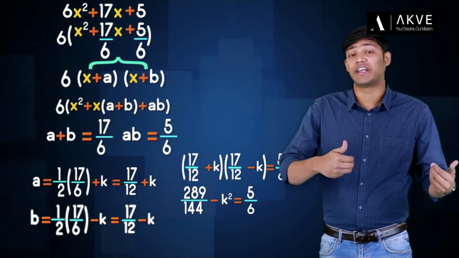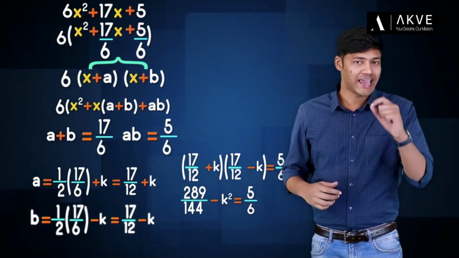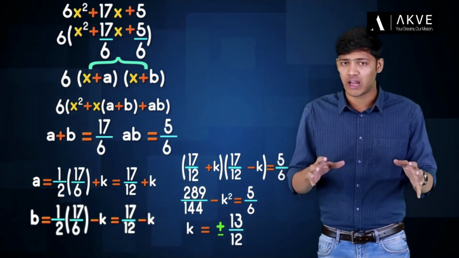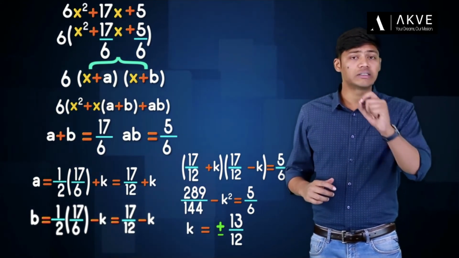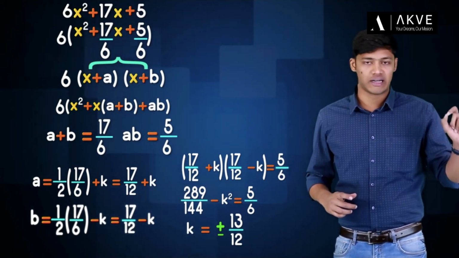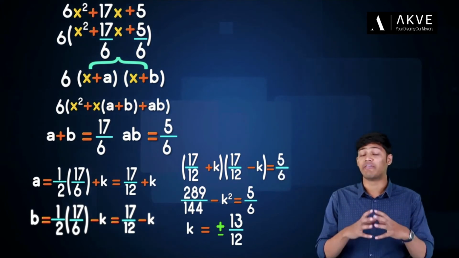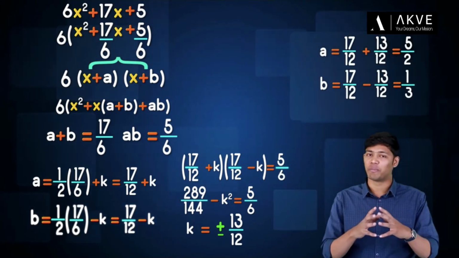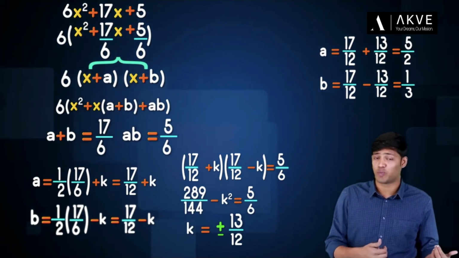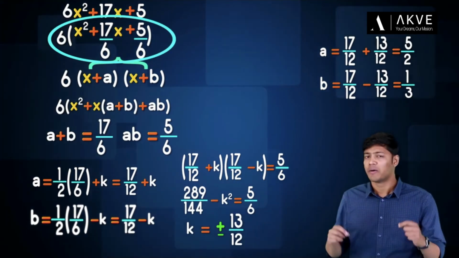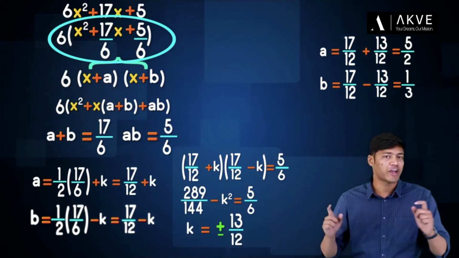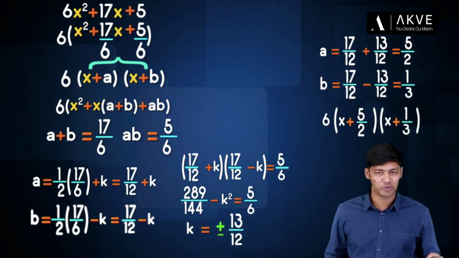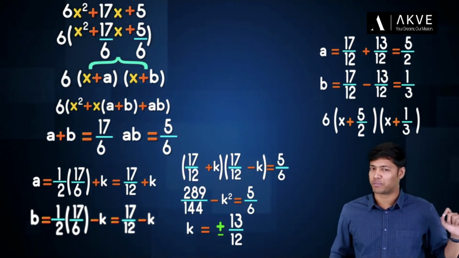Finally, solving this, we will get the value of k to be either 13 by 12 or minus 13 by 12. So the value of a will be 5 by 2 and the value of b will be 1 by 3. So the quadratic polynomial 6x squared plus 17x plus 5 is equal to 6 multiplied by (x plus 5 by 2) multiplied by (x plus 1 by 3).